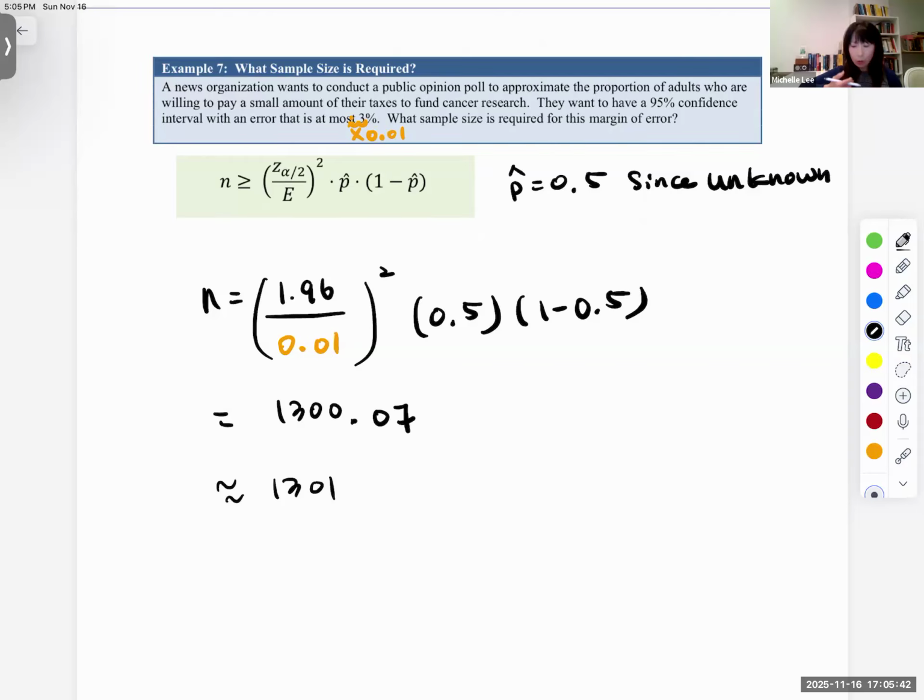All right. So we want to keep the 3% margin of error and the 95% confidence level. The sample size is 1301. Okay. Now we can use StatCrunch too.